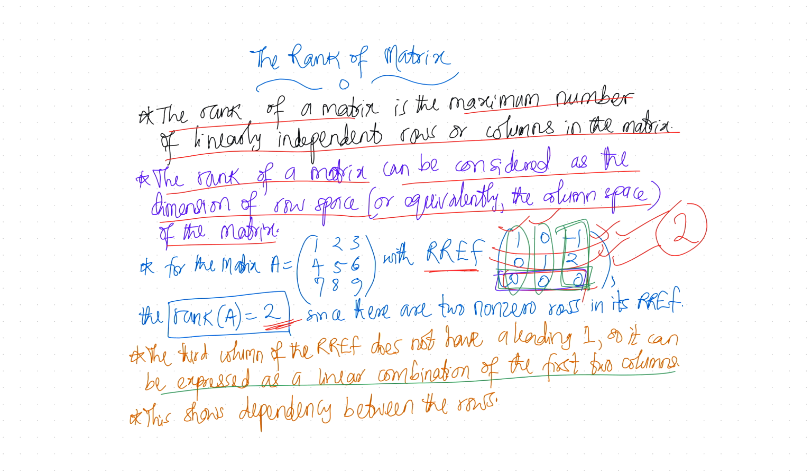So you can see that -1, 2, 0, which is the third column, you can express it as minus the first column, that's minus 1, 0, 0, plus 2 times 0, 1, 0. If you understand that. So -1, that's what you have here.